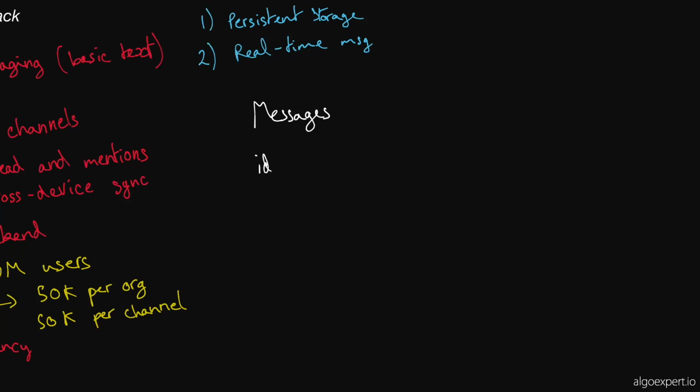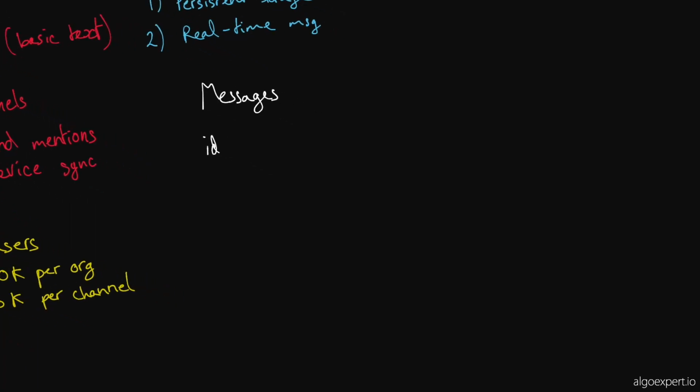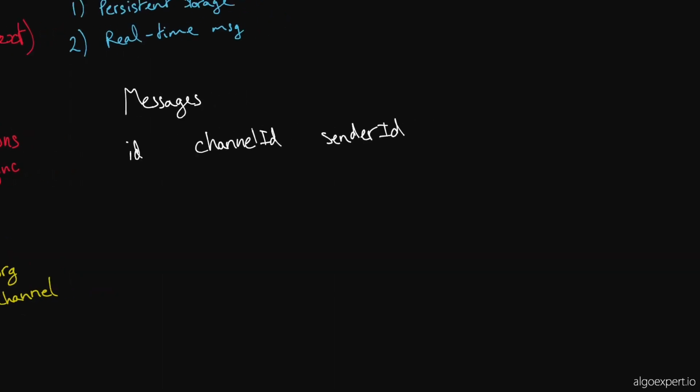But we are going to have, let's see, if a message belongs to a channel, perhaps even an organization. I'm not sure that we need the org ID here, but I think we can add it if we want to. It's kind of trivial. But for now, we'll just put channel ID. So this would be the ID of the channel that the message is in. You would need a sender ID, so this would be the unique ID of the user who sent the message.